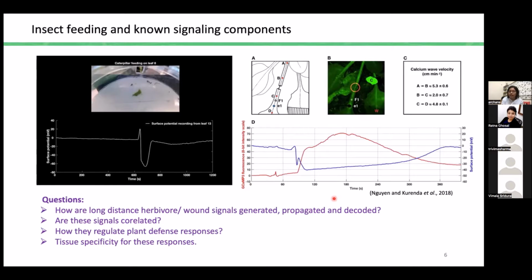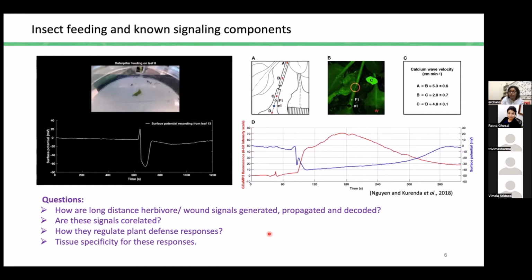This calcium ion flux is there, and there is a huge depolarization. So there must be several other ion channels or pumps on the membrane which are leading to these huge ion fluxes.